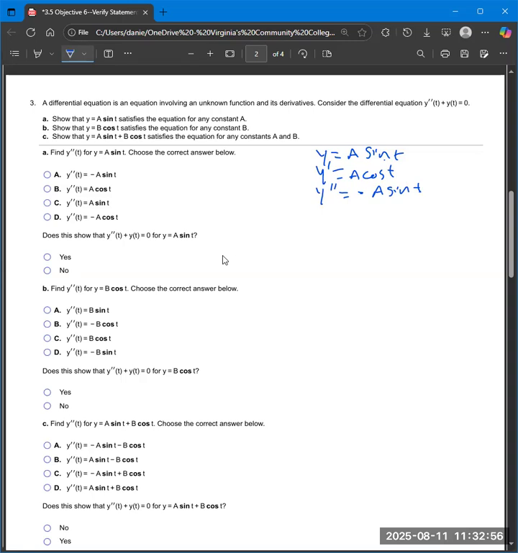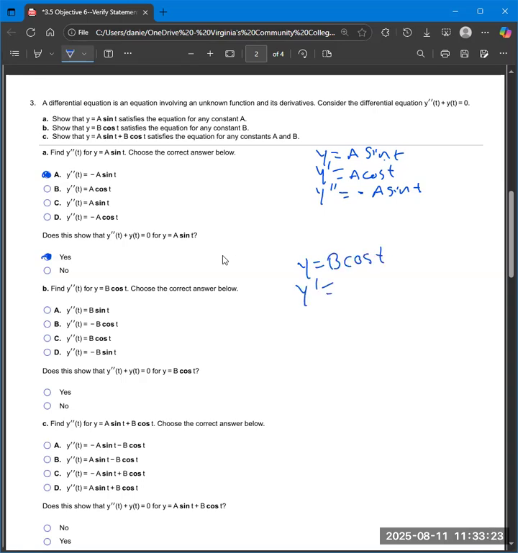So yes, it's true because the second derivative is equal to the opposite of the original function. Is y equals b cosine of t an answer? Let's see.